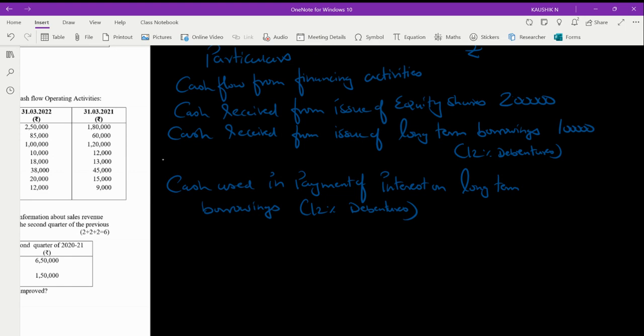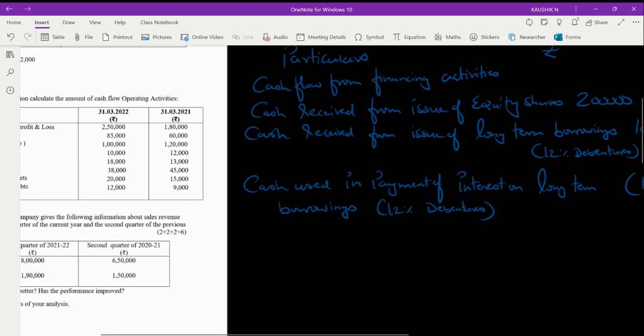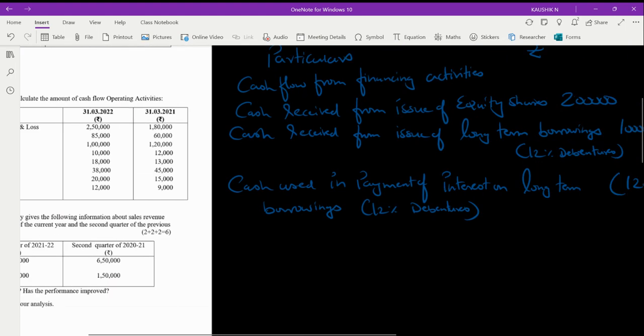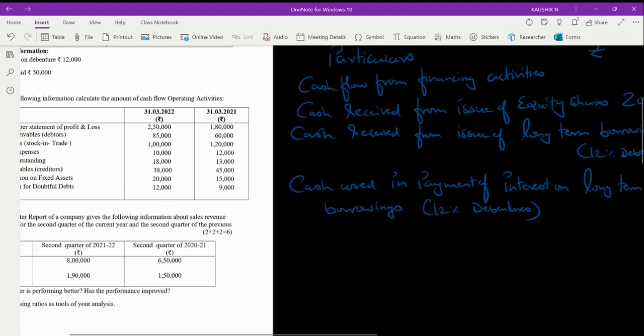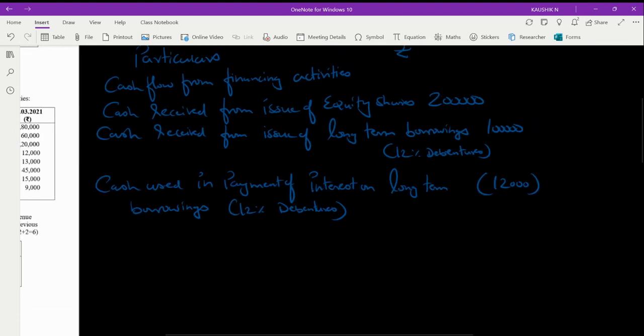This value is an outflow of cash, so record it with the negative value, bracket value 12,000. And then you also said you paid dividend to the extent of rupees 50,000. So record that also as a final value.